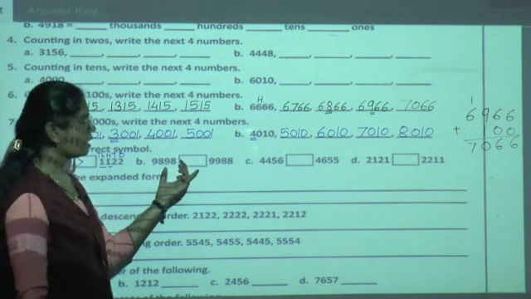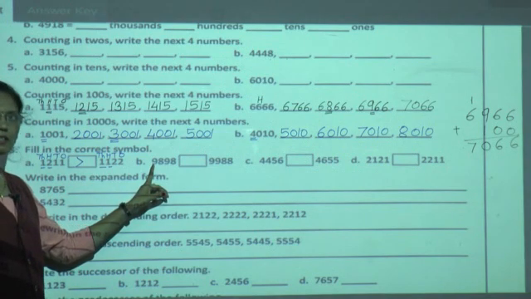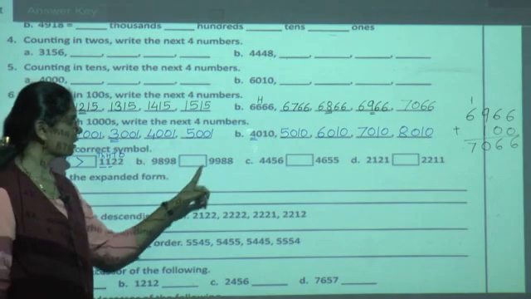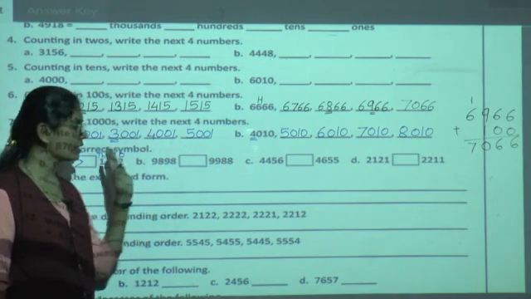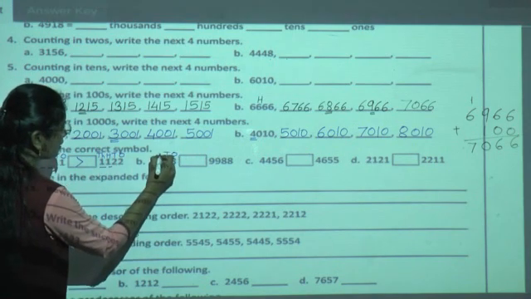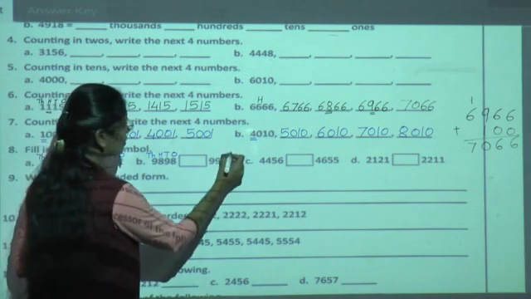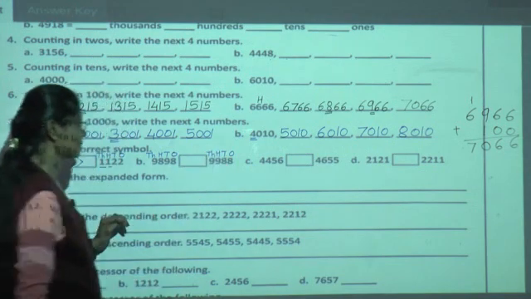Now see another example. The number is, read this number in your mind, 9898 and another number is 9988. As I told you, write the same ones, tens, hundreds and this is thousands place. Here also we will write ones, tens, hundreds and this is thousands.